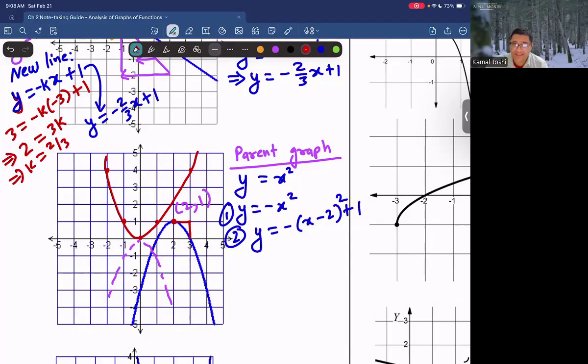I'm just looking at the magnitude of it, not the direction. It is facing down. That has already been taken care of with the minus sign. But as far as the magnitude is concerned, if you move 1 unit on the horizontal line, you are moving 1 unit on the vertical line, which is exactly what you did in the parent graph as well.